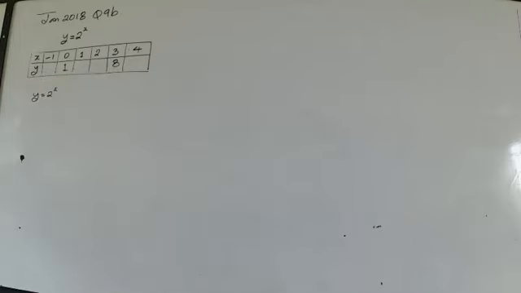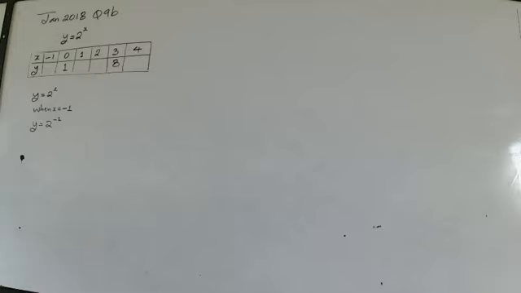The value of y when x is equal to minus 1, when x is equal to 1, x is equal to 2, and x is equal to 4. So it is simply this: when x is equal to minus 1, y would be equal to 2 to the minus 1.